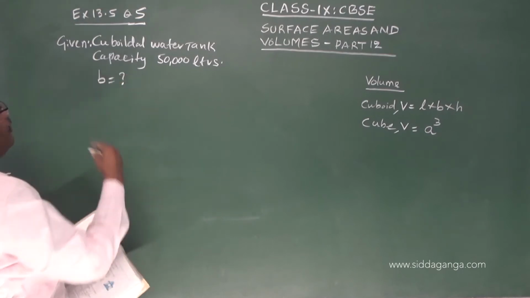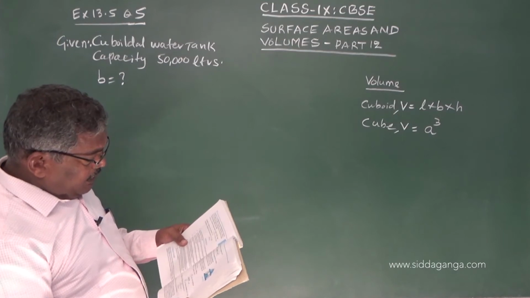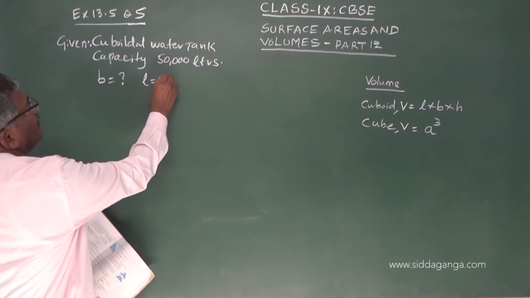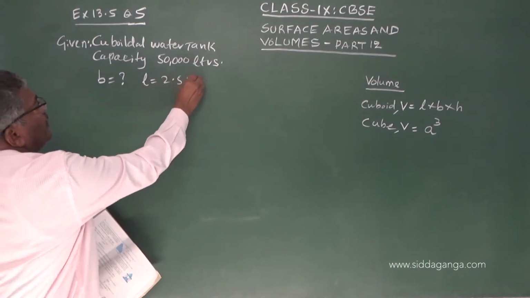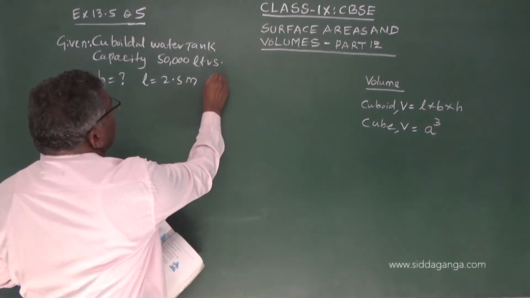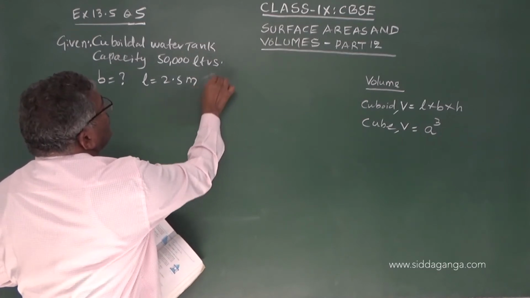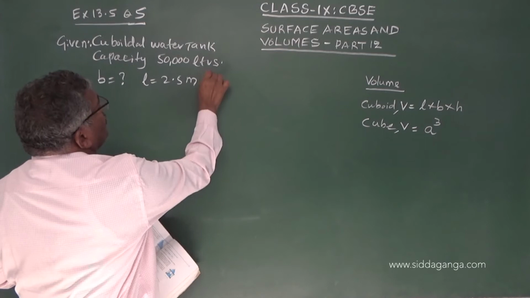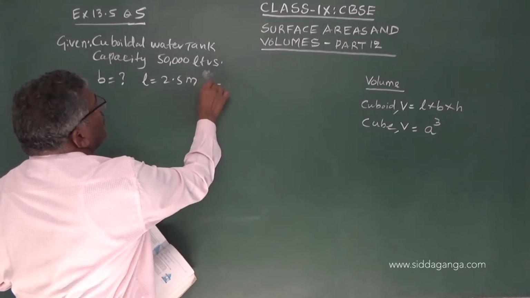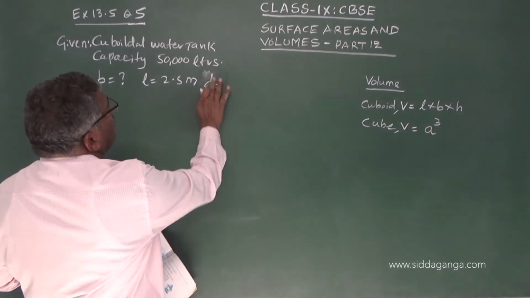In this case length is given as 2.5 meter and depth is given as H or D. In case of a water tank you can take it as D, D or H, anything.